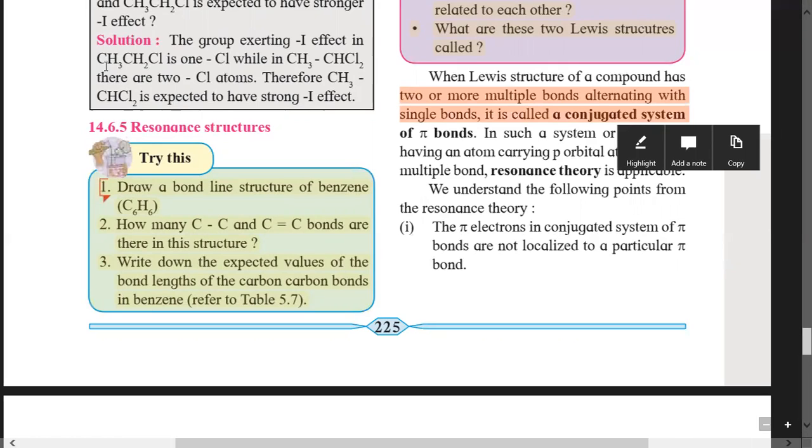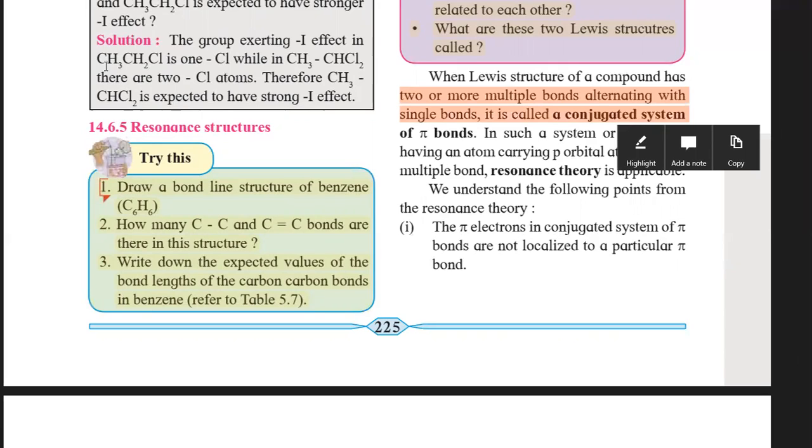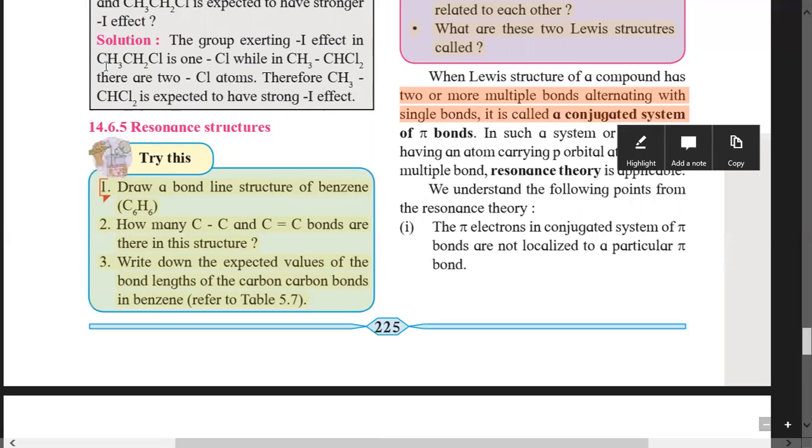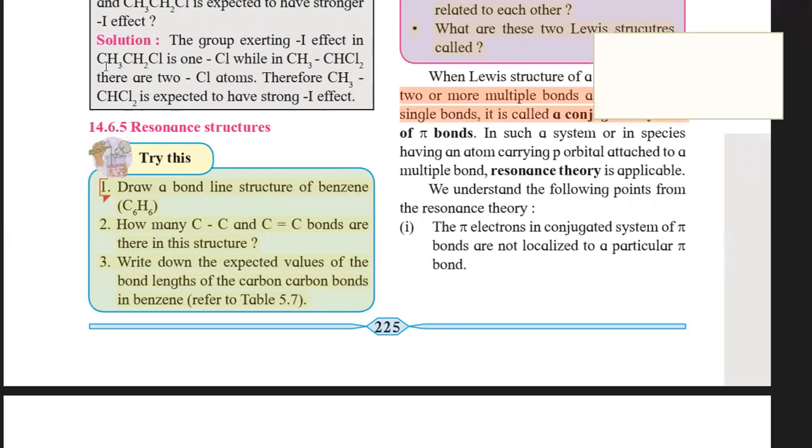Again, I will explain what a conjugated system of pi bonds is. It is a compound containing single and double bonds. Here I will show: this is carbon, then single bond, carbon, then double bond, carbon, again single bond, carbon, double bond, carbon, single bond, carbon.